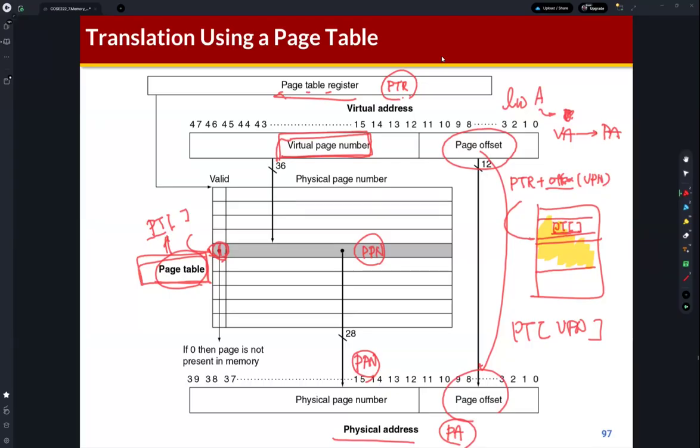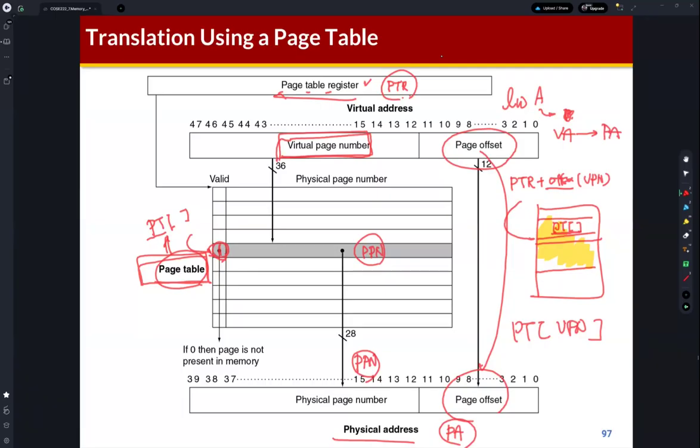Then I explained how the virtual address is translated into a physical address. The baseline address of the page table is stored in the page table register.